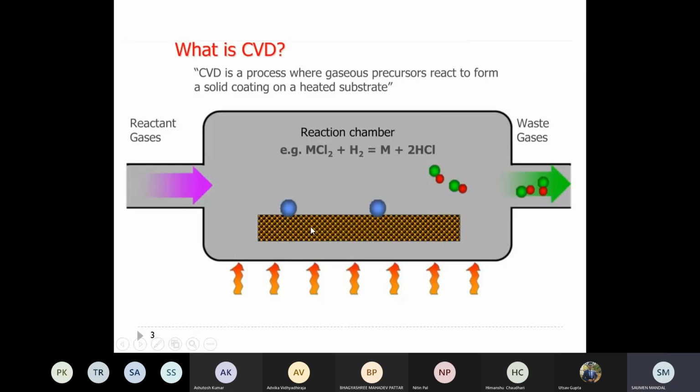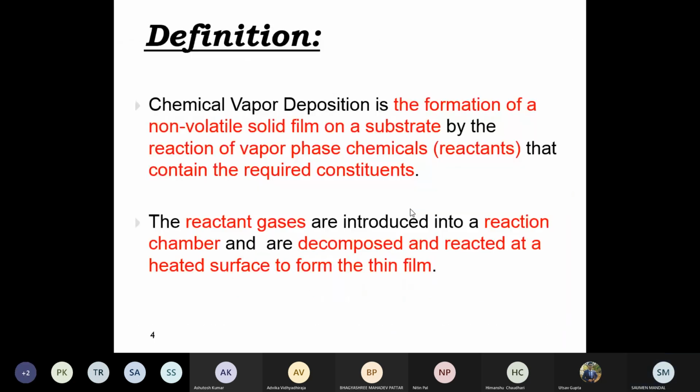And the substrate's role is also very important. Suppose a specific substrate is required. Let's say if you want to deposit graphene, it is preferable to have a nickel substrate. So the substrate has a role in this particular process.